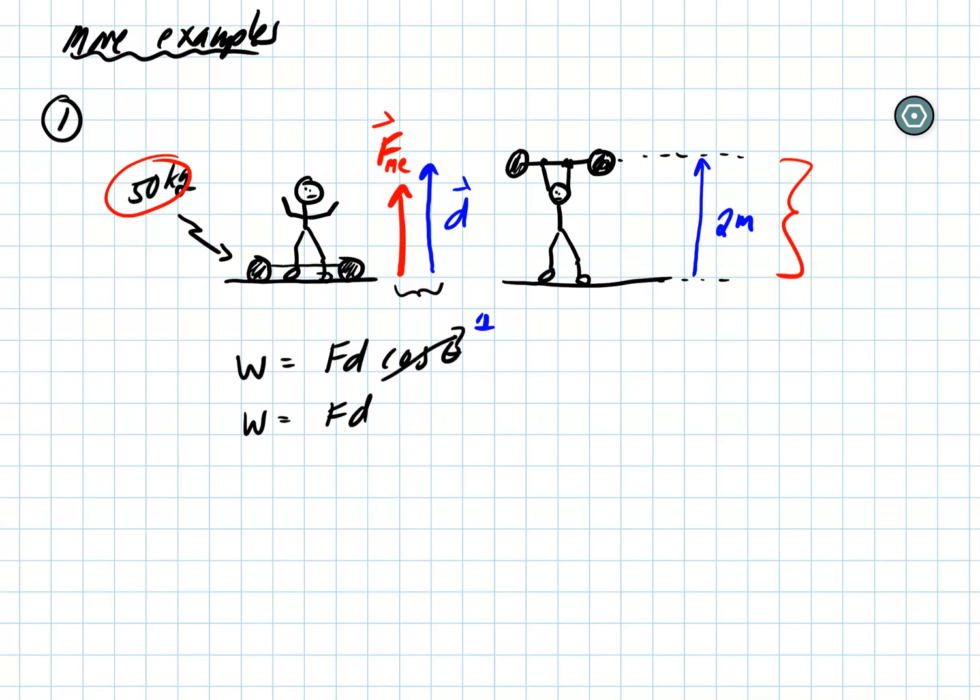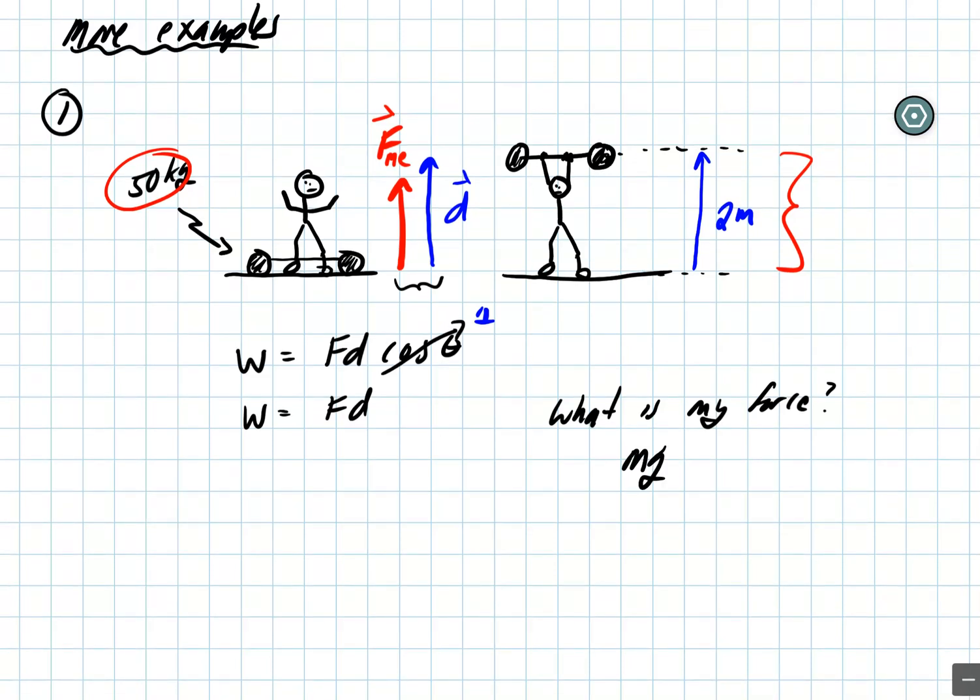Now the question is what is my force? Well, I'll tell you what the answer is going to be. Your force is going to be, well, what does the thing weigh? It's going to be mg.